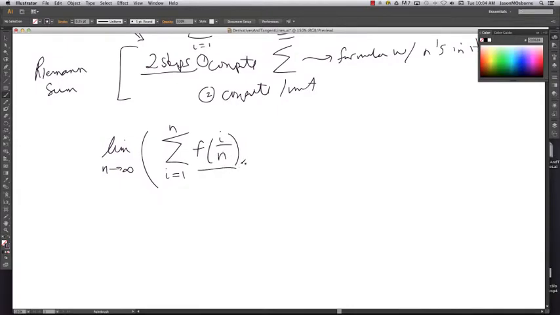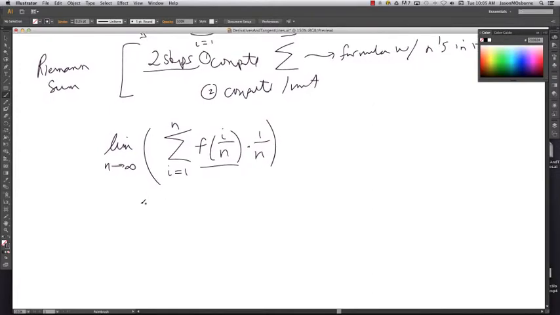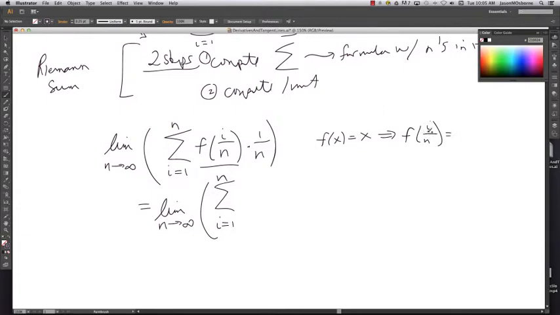This is the height of my rectangle, and then I'm going to multiply by the width of my rectangle, which is 1 over n. Okay. Because the function f in this example is f of x equals x, this is going to imply that the function evaluated at i over n, whatever you put into this function, you get the same thing out.